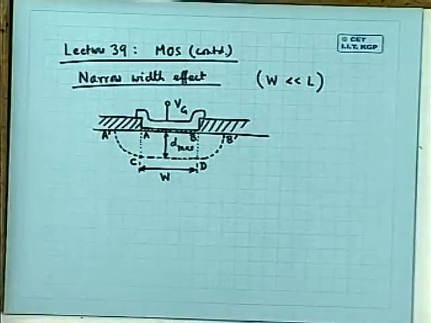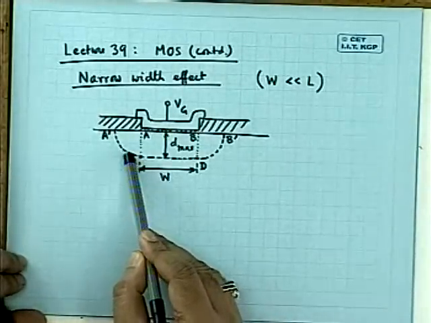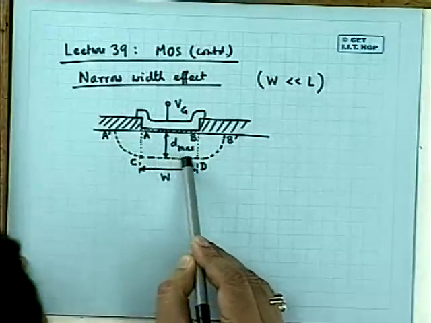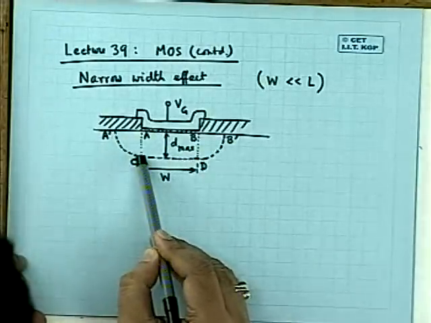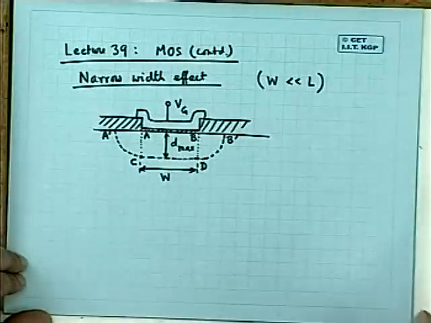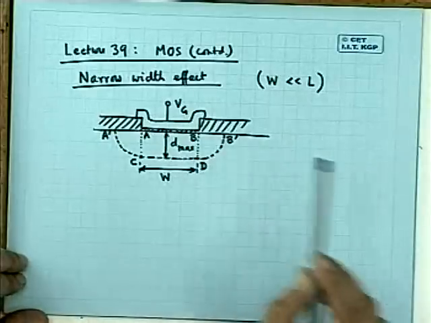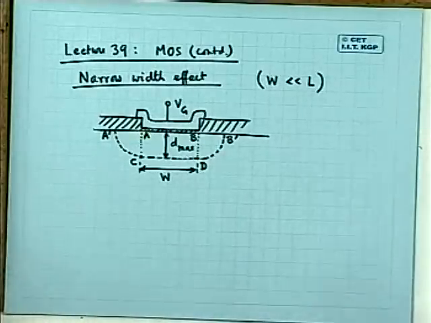Approximately, this is not exact, but approximately we can say that the depletion layer boundary beyond C and beyond D, to the left and to the right respectively, is quarter circular as indicated here. So what is going to happen here?